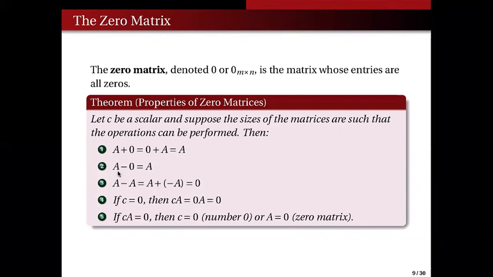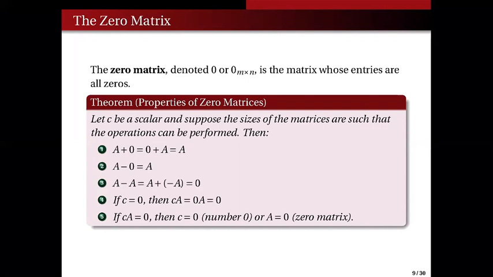And then here you have A minus the zero matrix, that's equal to A. Of course, 0 minus A will be negative A. Okay?